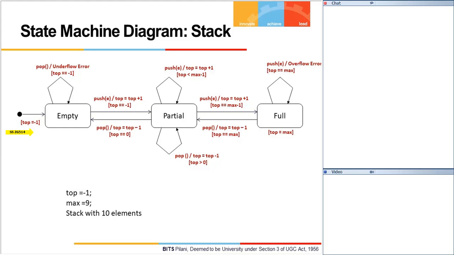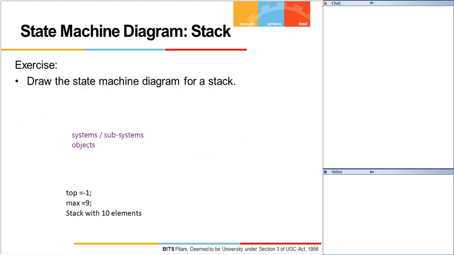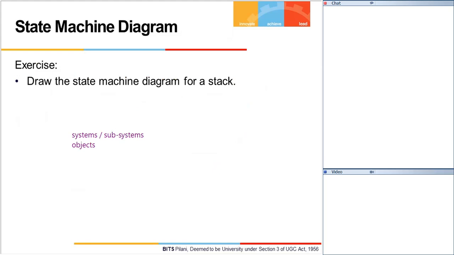Now, even before I move ahead, it is very important to understand that the question I gave you was this, right? Draw the state machine diagram for a stack, and this has the underlying assumption that you know what a stack is, you know that a stack has a top, and a maximum number of elements that it can take, right?